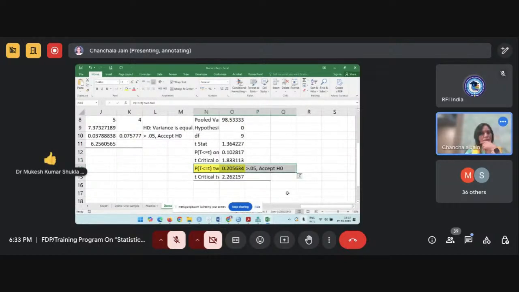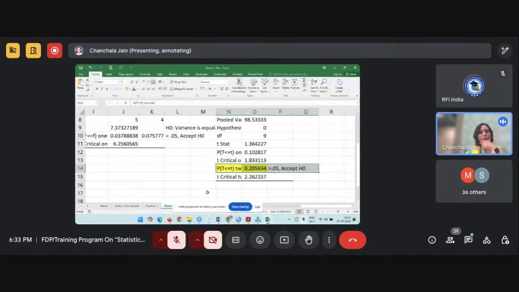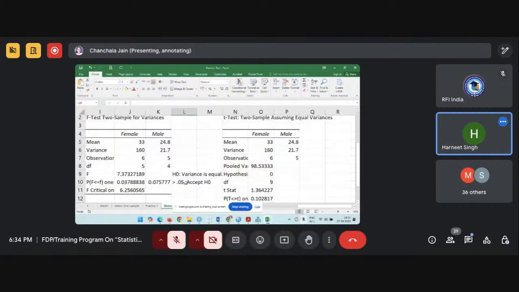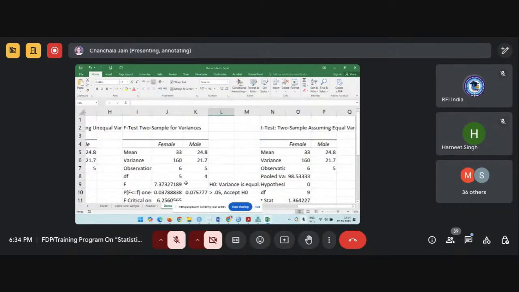In all three cases, I compared with the level of significance, because the p value is a probability value, a percent value. So how can I compare it with some numeric value? I hope it is clear to everyone.